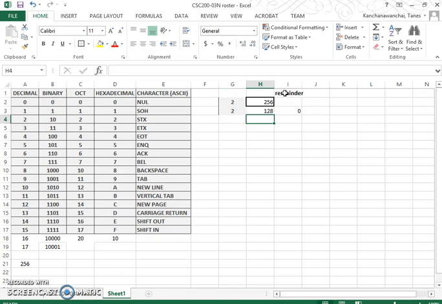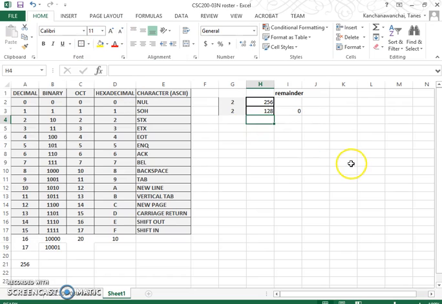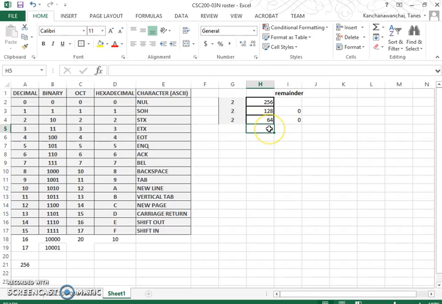And keep dividing by 2. So 128 divided by 2, what do we get? 64, so I get 0 again, right? So 64 divided by 2, 32, and remainder is 0, so keep tracking that.